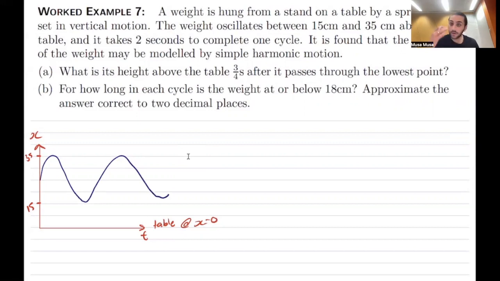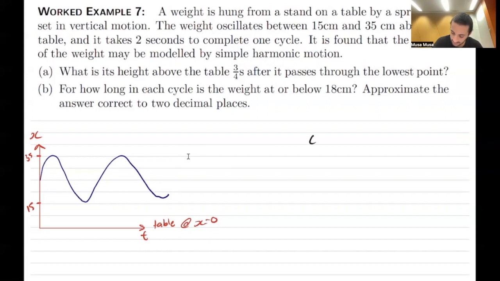Nice. Well, if those are your extremes, how can we find the center and how can we find the amplitude? Often you get questions like this, yeah, where you're given the extremes. Well, if the highest you're going is 35 and the lowest you're going is 15, shouldn't the center be the middle between them? Yes, it should.